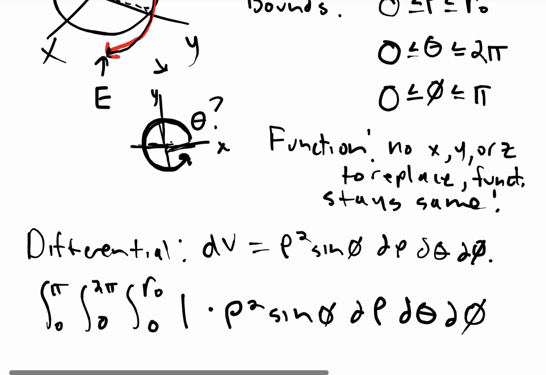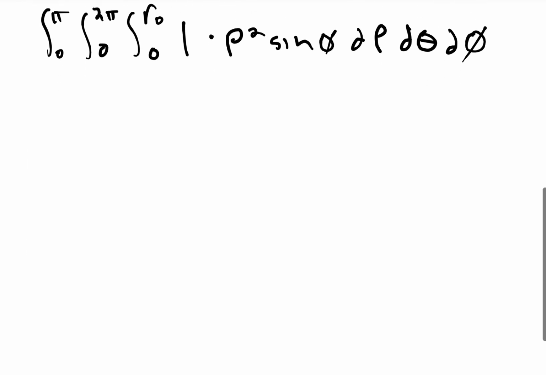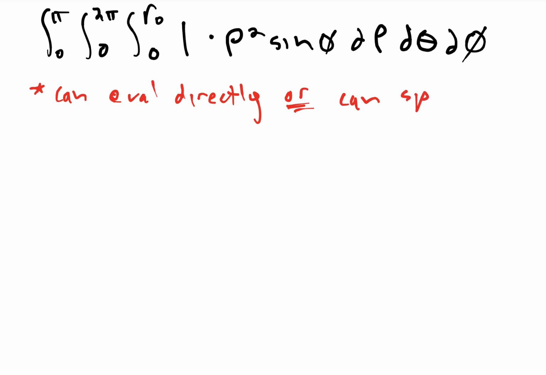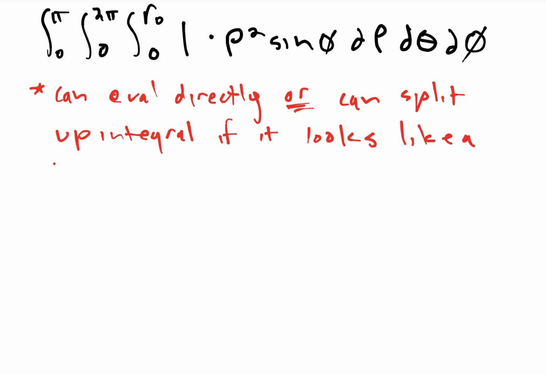Now, if I want to actually evaluate this, I will make a side note here. We can evaluate this thing directly, or you can split up your integral if it looks like a product of a function of rho, a function of theta, and a function of phi.